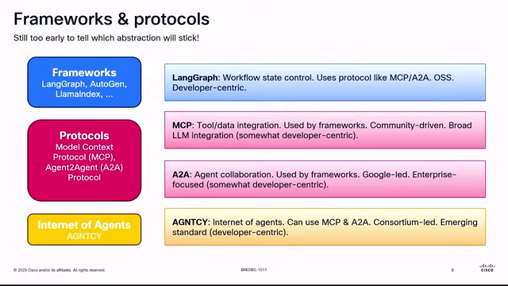And there's also A2A from Google, right? This is more around agent collaboration, like one agent talking to another agent to collaborate on a particular task as well. Somewhat a bit more enterprise focused. You may have heard of Cisco Agency. It was kind of proposed by Cisco, but it's actually consortium-led, right? So this talks about an internet of agents, and it leverages MCP and A2A as well. And this is an emerging standard that's happening right now.